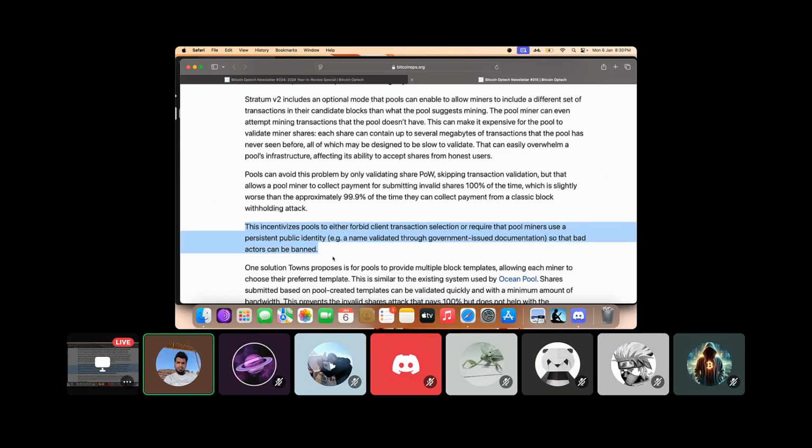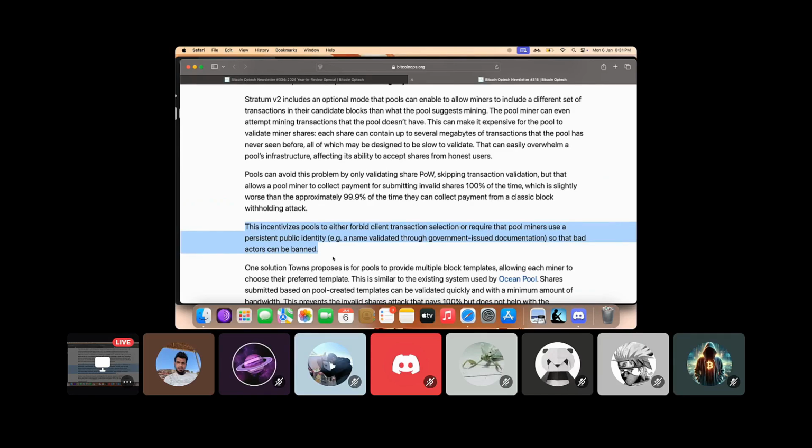The pools might not allow individual miners to create their own block templates, because if people use this avenue to create invalid blocks and reap benefits despite having invalid blocks, the pool will close this avenue of allowing miners to create their own blocks.